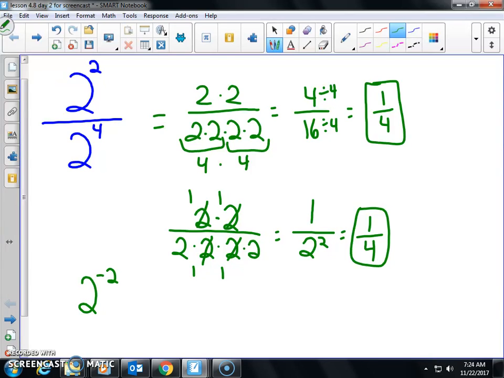Now negative exponents, something brand new, something you haven't seen before. So somehow we have to be able to figure out how 2 to the -2 power turns into this, 1 over 2 to the +2 power, which turns into 1/4. One way to think of this, kind of a shortcut, a strategy, is to look at this 2 to the -2 power, which we have right here. You could think of it this way.